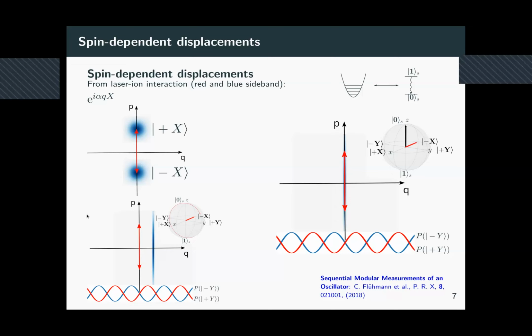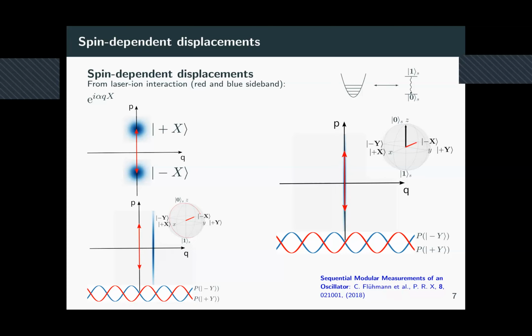You see that you can have this picture by just using the eigenstates of X. But the other way of thinking about it is that if you take the eigenstates of Q, which are roughly position eigenstates, then this can also be seen as a rotation of the spin state which depends on the position of the oscillator.